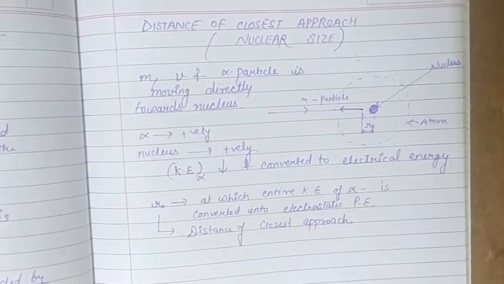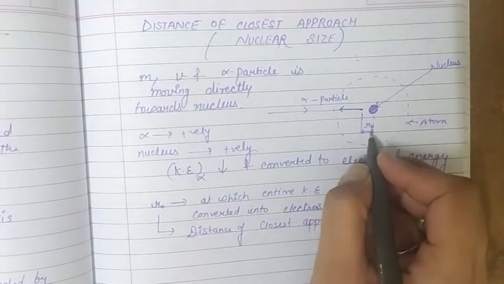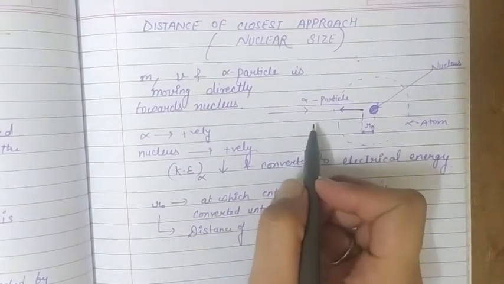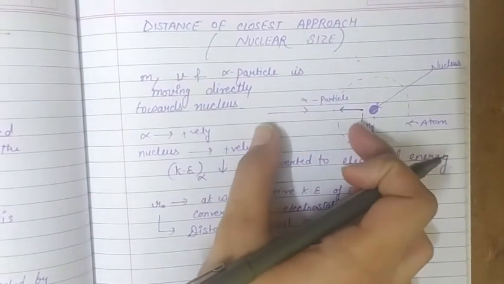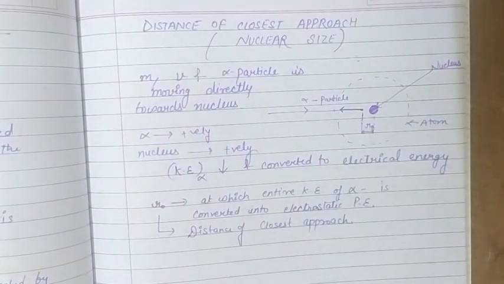Now, since the alpha particle goes quite near the nucleus when it approaches, we consider that this distance r naught is approximately equal to the size or radius of the nucleus. The distance the alpha particle travels is considerably large compared to this distance near the nucleus. That's why we consider r naught almost equal to the radius of the nucleus, of the same order.